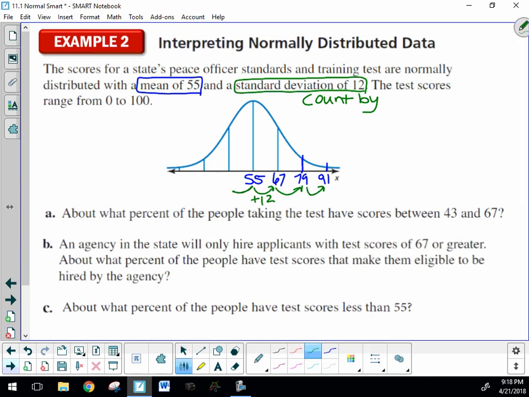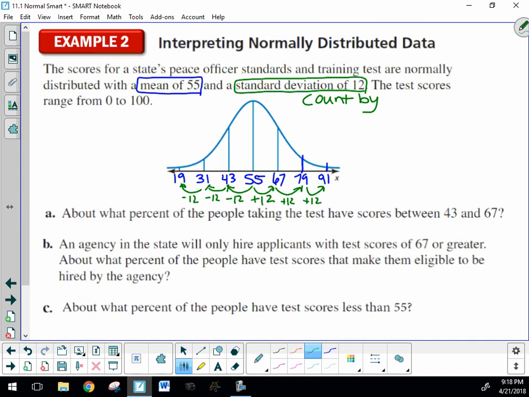And in the other direction, it's less than the mean by the standard deviation. So we're counting back by 12s. So this one would be 43, and if we subtract another 12, that would be 31, and another 12 would be 19. So we just count by standard deviations.